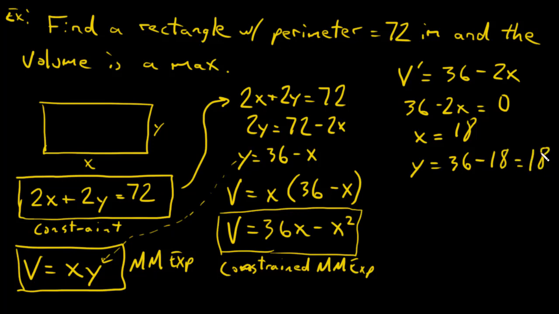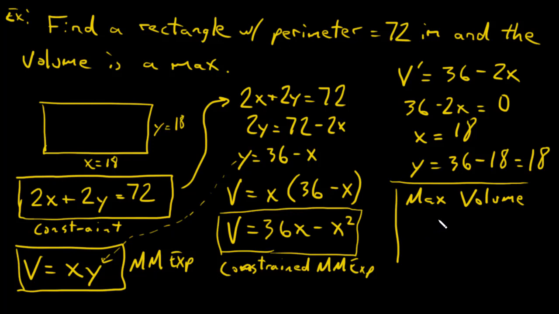Turns out y is 18, which means we don't have a rectangle, we've got a square. And it turns out that is always going to be the case. If you're trying to maximize volume, max volume is always a square if you're talking about a rectangle.